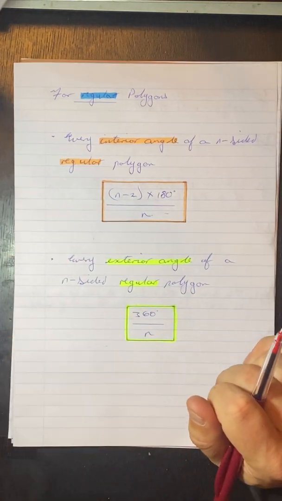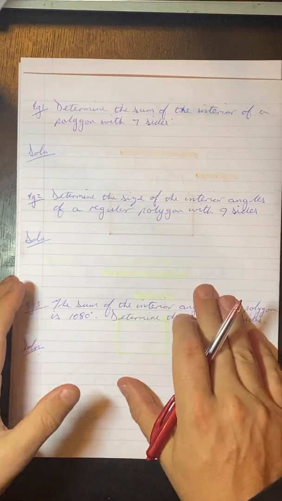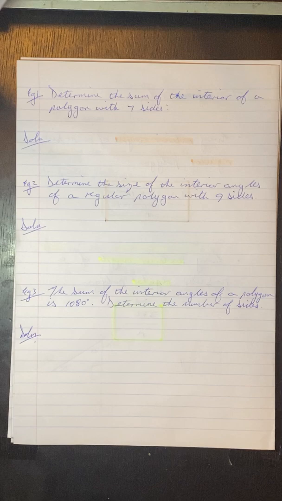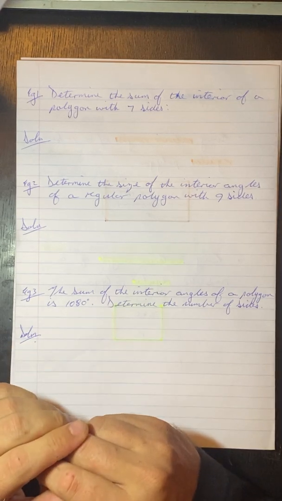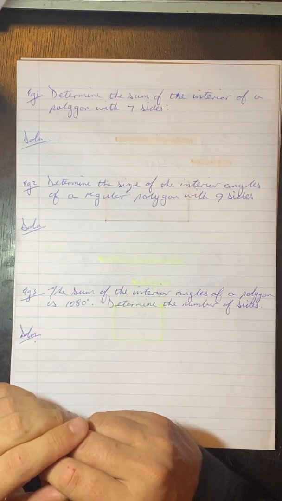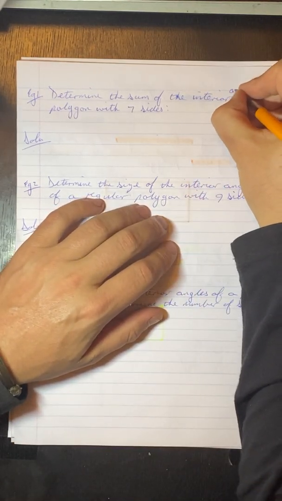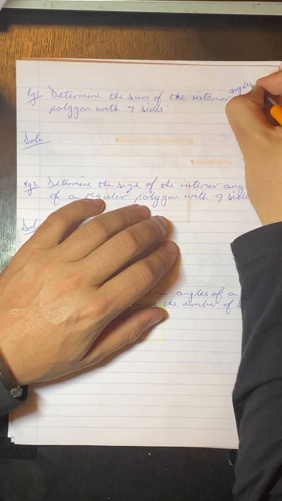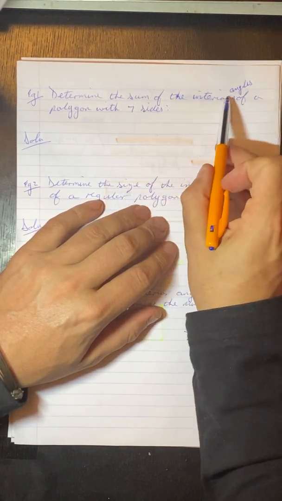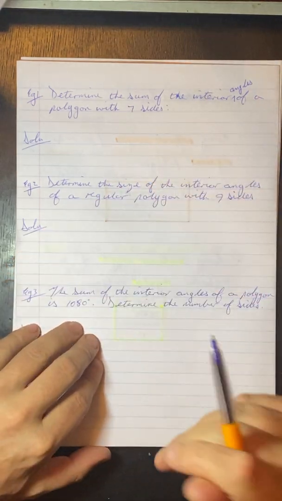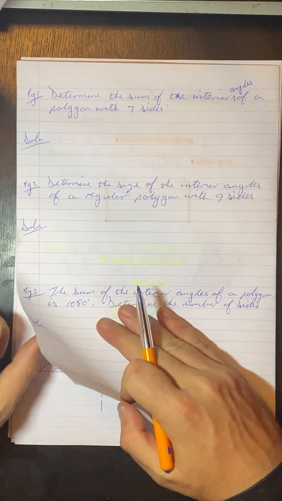All right, so let's go on to some examples. The first example says, determine the sum of the interior angles of a polygon with 7 sides. Now they haven't told us if it's regular or irregular.